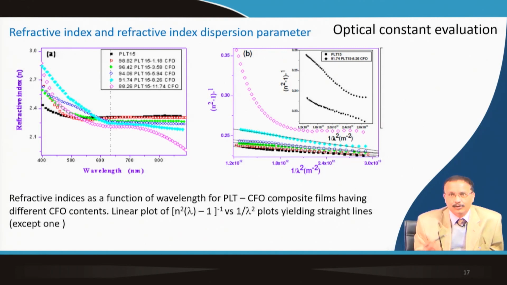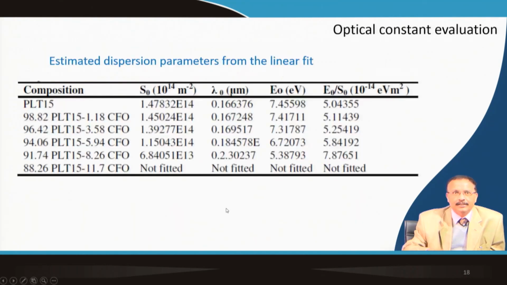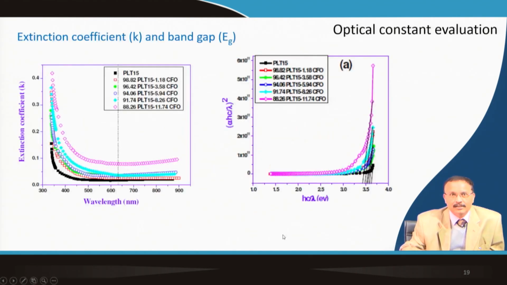It has its own reason, but that is beyond the scope of this lecture. And we can estimate all these parameters S0, lambda 0, E0, E0 by S0, where it is fitted linearly. Where it is not fitted, you cannot do this.